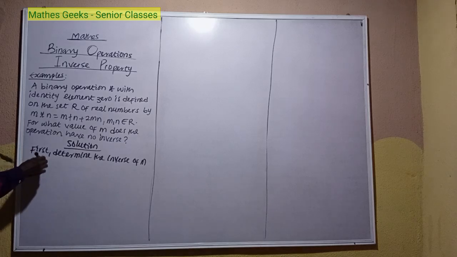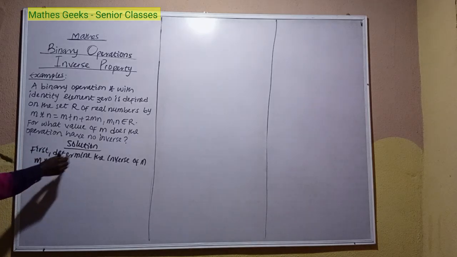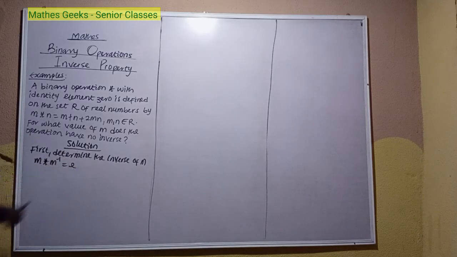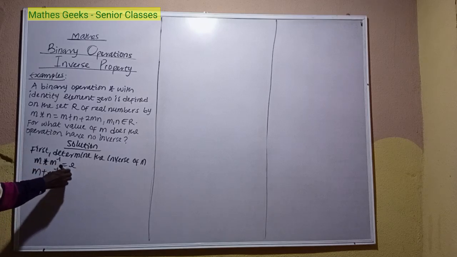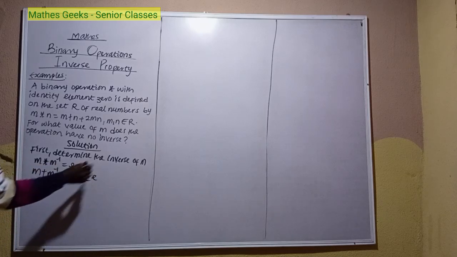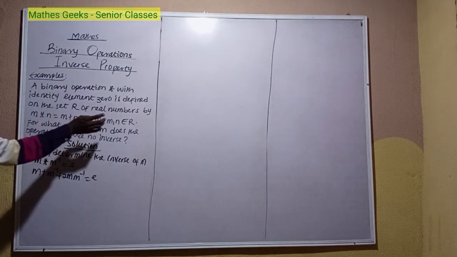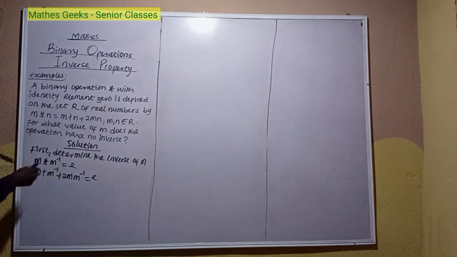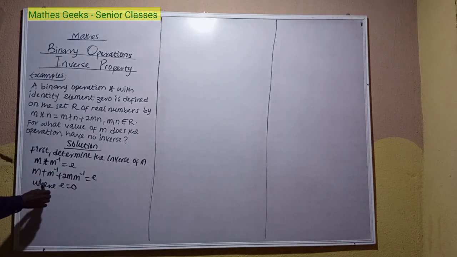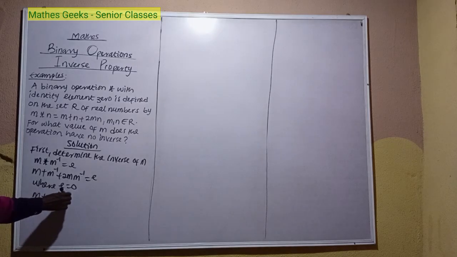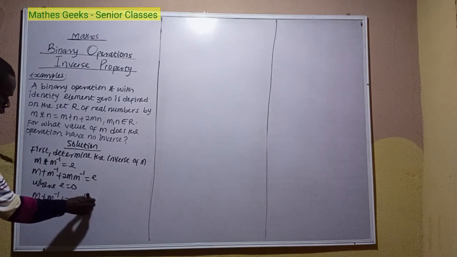So m operation m inverse is equal to e, from the inverse property. So m plus m inverse plus 2m m inverse equals e. We're told that the identity element e is 0, so m plus m inverse plus 2m m inverse equals 0.